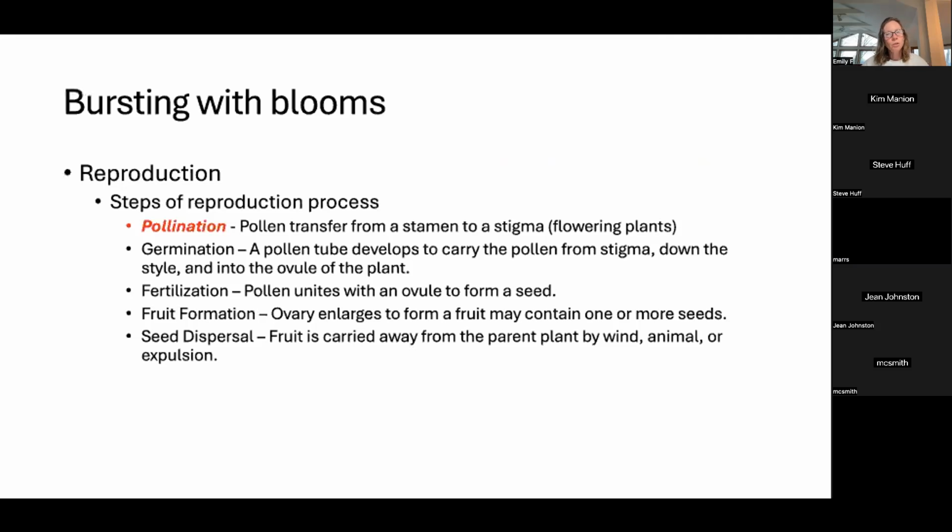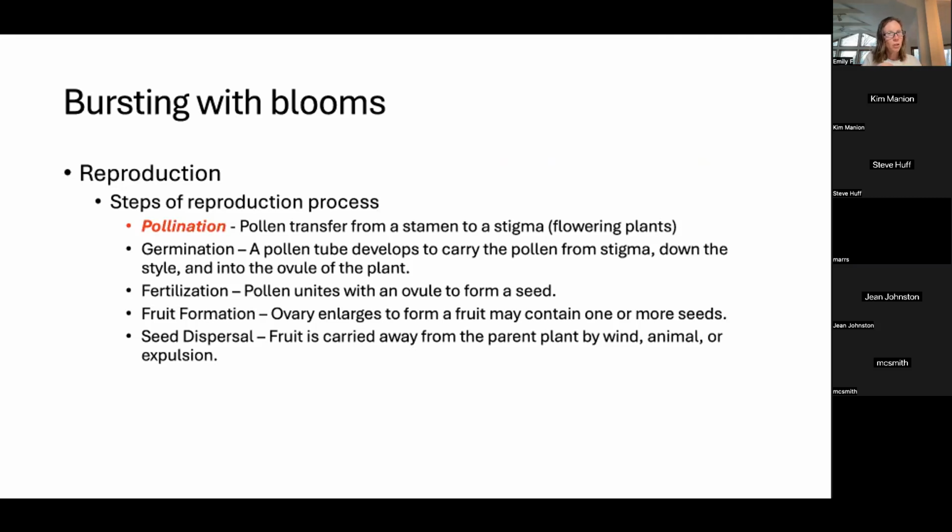So bursting with blooms, again, why do plants burst into flower at the beginning of the season? We earlier talked about pollination and the reproductive process. Pollination is a transfer of pollen from stamen to stigma in flowering plants. Germination, I mentioned, is the tube that develops to carry the pollen from the stigma down the style and into the ovule of the plant.